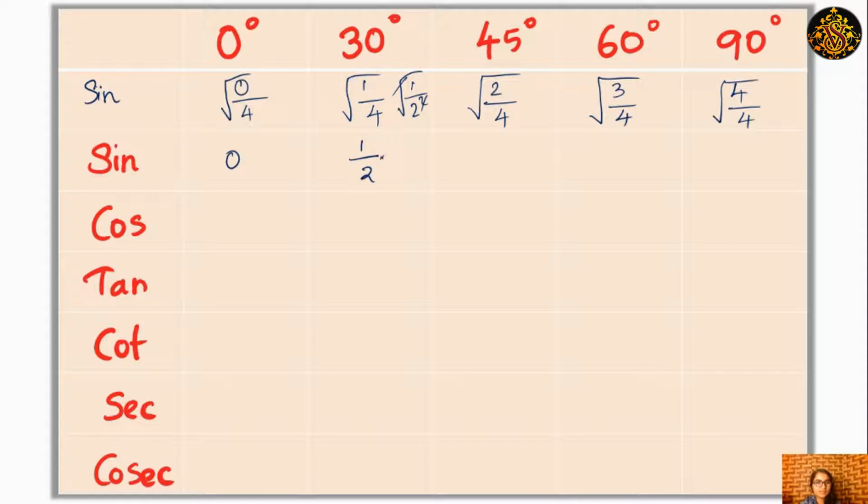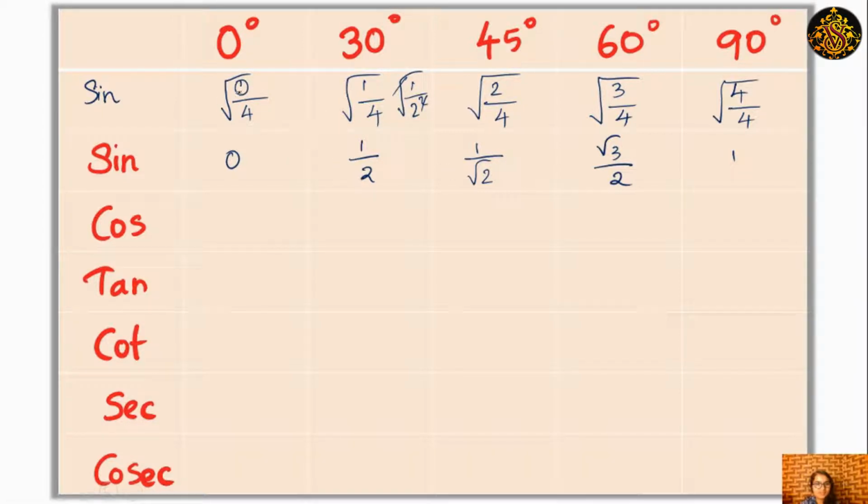So sin 30 degrees is 1 by 2. For 45 degree you will get 1 by root 2, and the square root of 3 by 4 is root 3 by 2, and for 90 degree, 4 divided by 4 is 1, root 1 is 1. So for sine we have found the values, right?